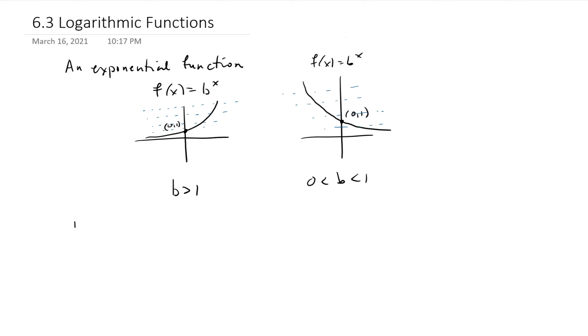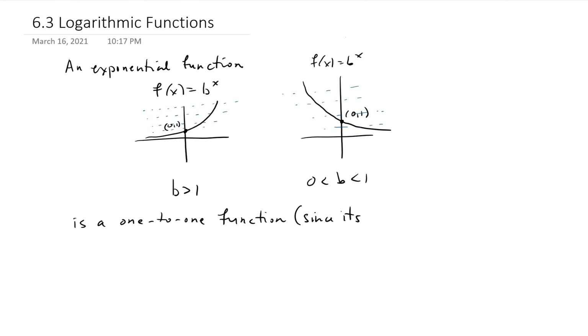So an exponential function is a one-to-one function. And the idea is that since it's increasing or decreasing only, it's going to satisfy the horizontal line test. There's a word for that in mathematics.